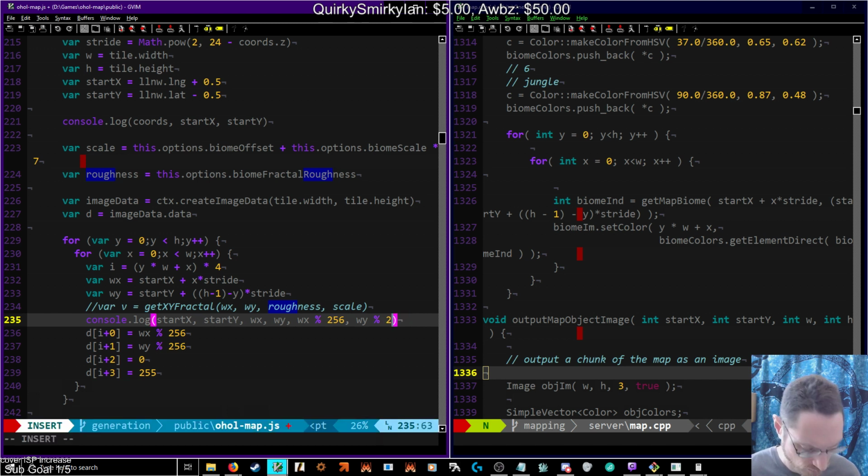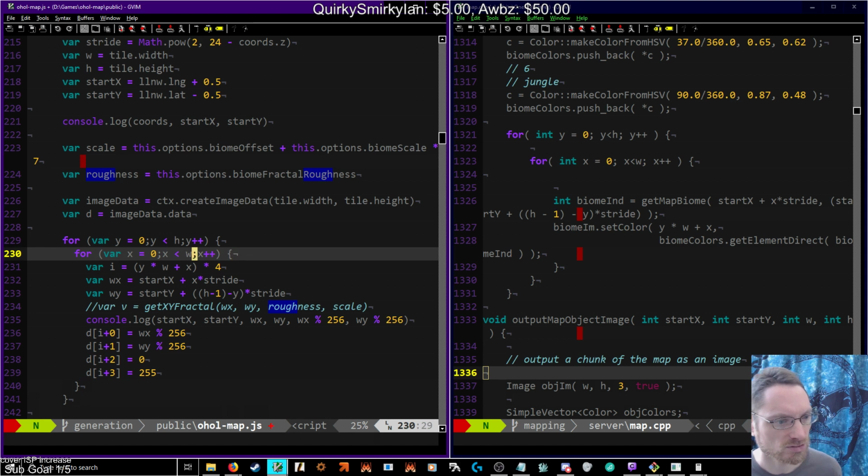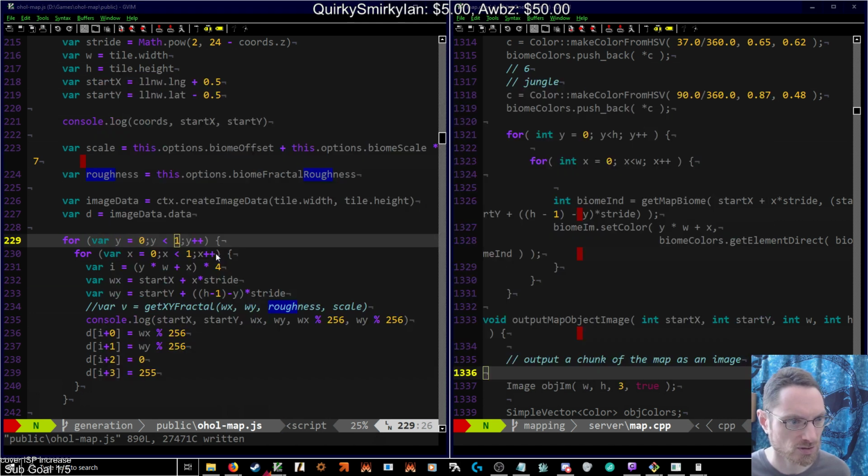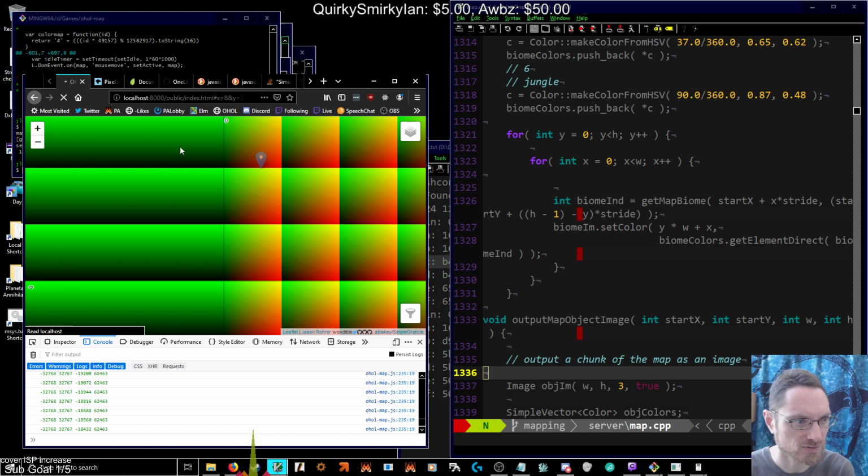So what we can do is just get one per, say. And I can't even open up the tab to reload it.